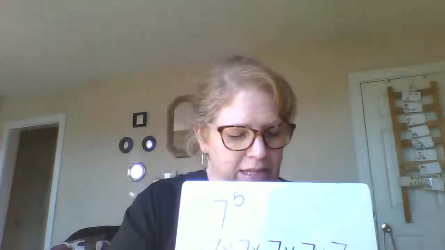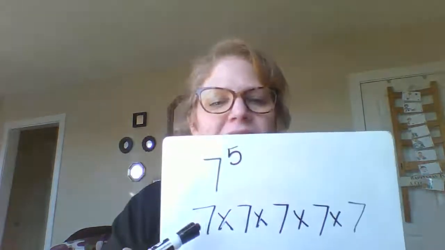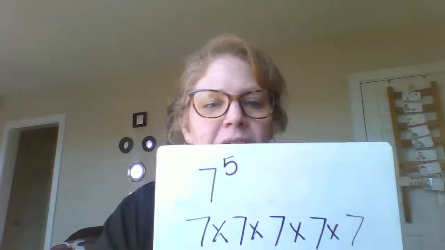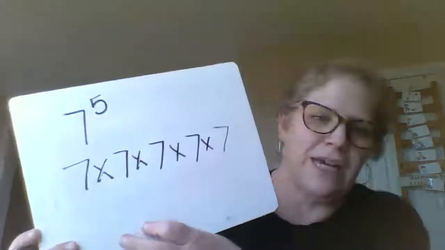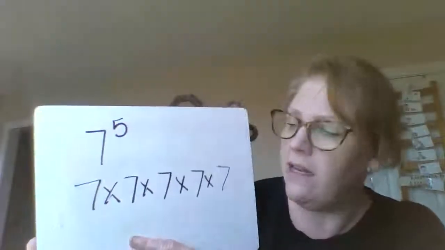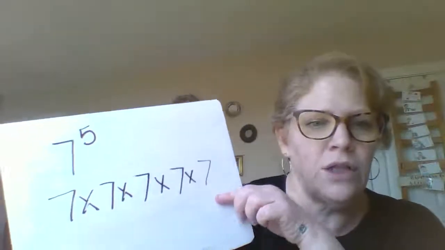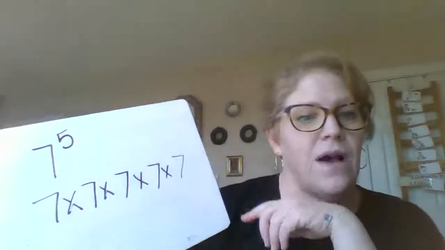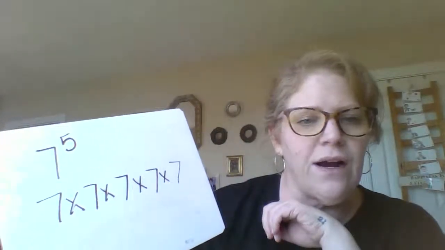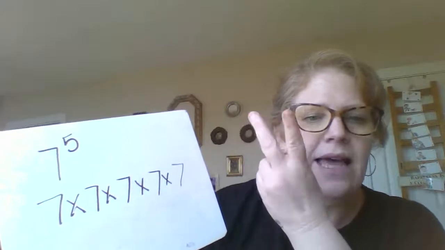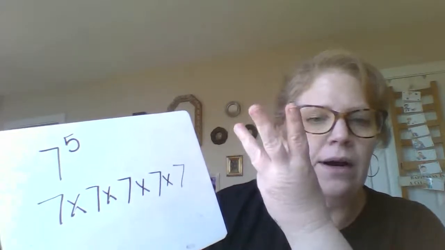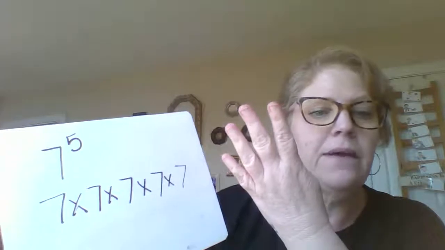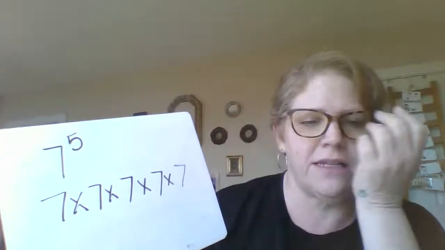The next vocabulary words are exponential form, which is using an exponent to express a multiplication, or expanded form, which is using the long drawn-out format. Okay, so we've got 5 vocabulary words so far: base, exponent, power, exponential form, and expanded form.